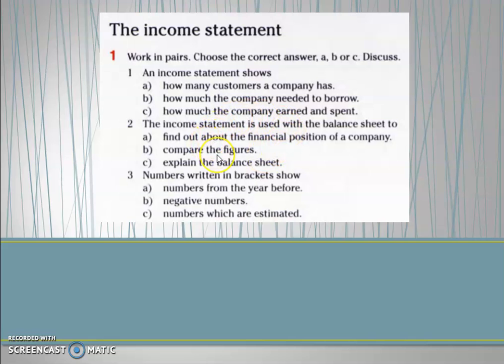It is also used with the balance sheet to find out about the financial position of a company. And if you see the numbers written in brackets, it shows negative numbers. So this is all about the income statement.